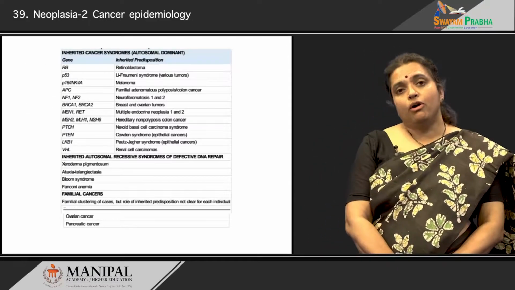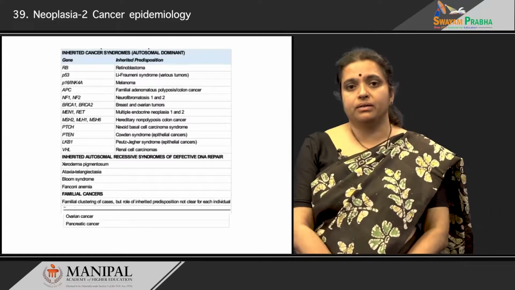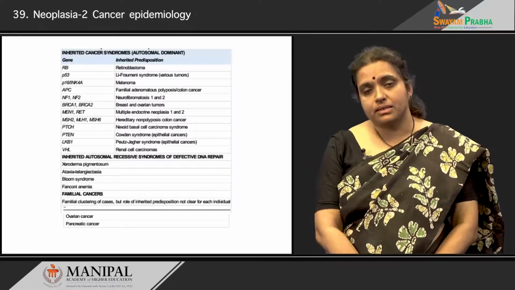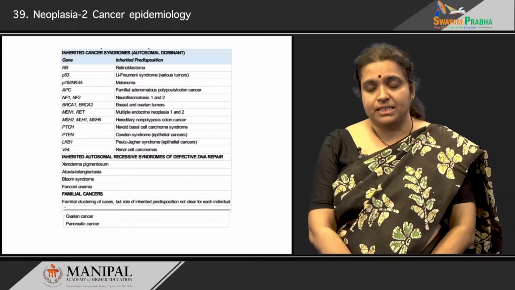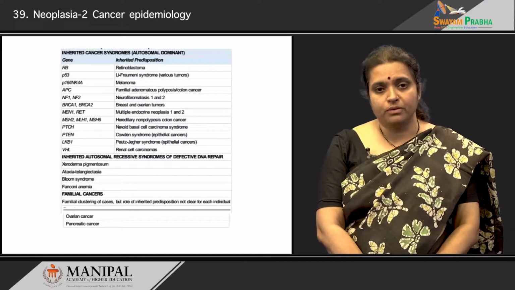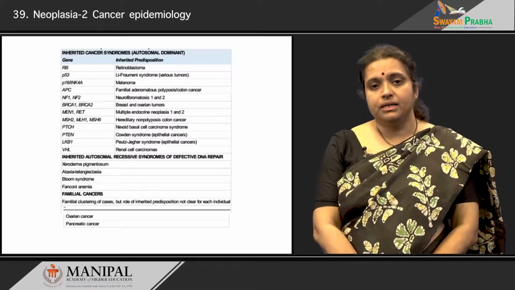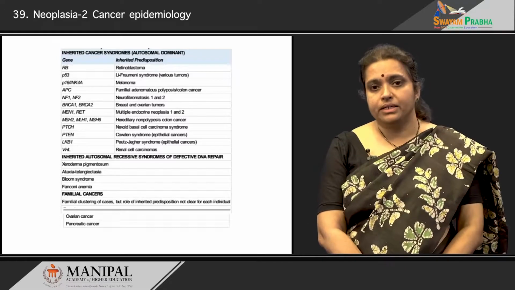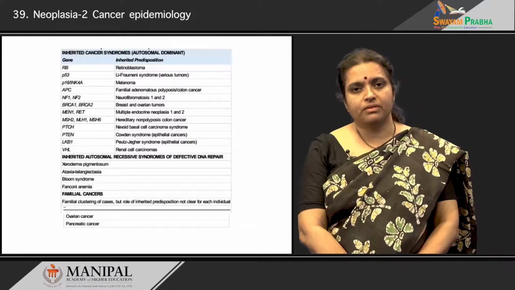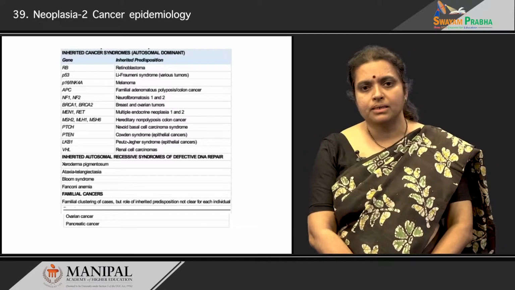Now, there are a whole lot of genes. If you inherit them, you could inherit the cancer syndromes associated with those. I will just name a few of the important ones: the RB gene leading to retinoblastoma, the P53 gene leading to the Li-Fraumeni syndrome, which causes various tumors.